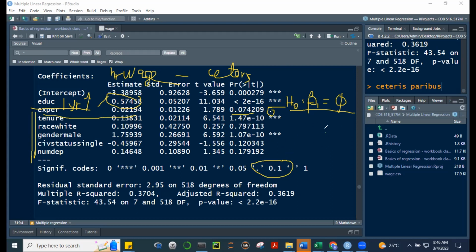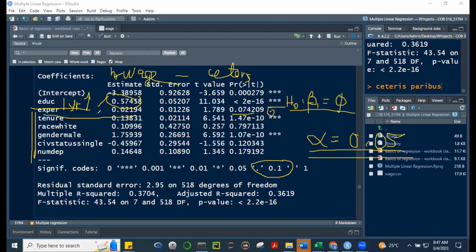Yung assumption natin that our alpha, our level of significance, is 0.05. So we stick to this. Hindi natin pwedeng sabihin na just because this is 0.1, ay gawin na lang natin, let's make our alpha 0.10. That will be cheating, no? Kasi ang standard natin 0.05. Of course, in the discussion, we can mention that experience is significant only at the 10% level of significance.